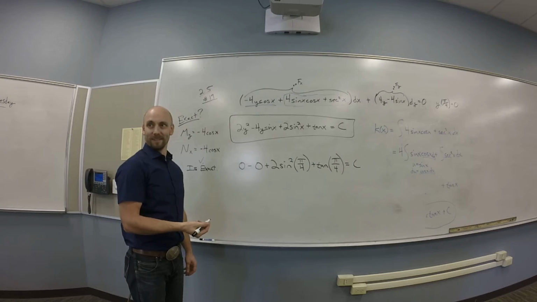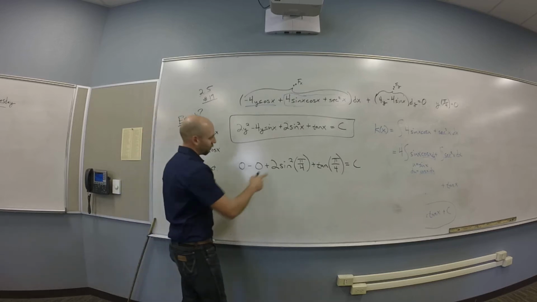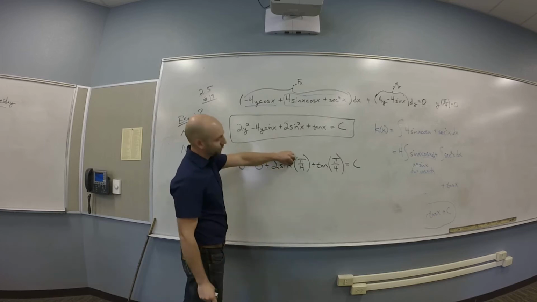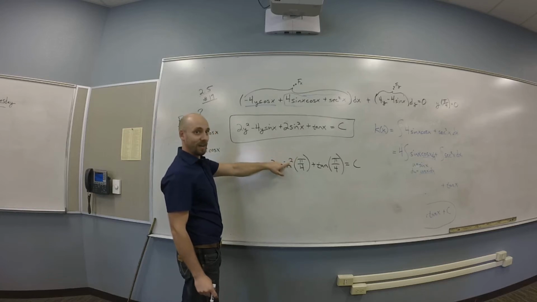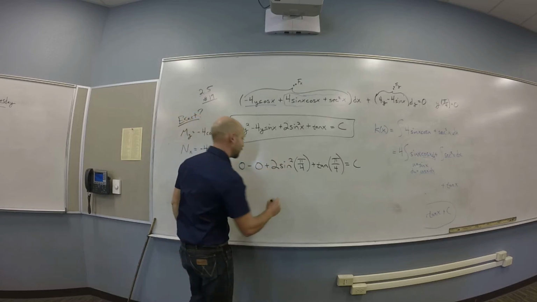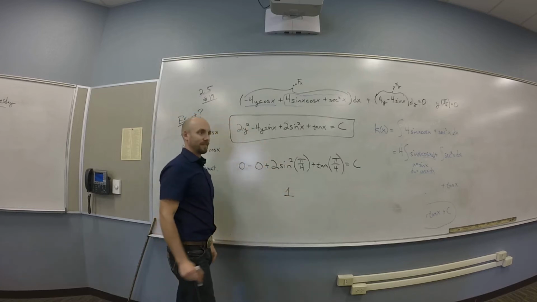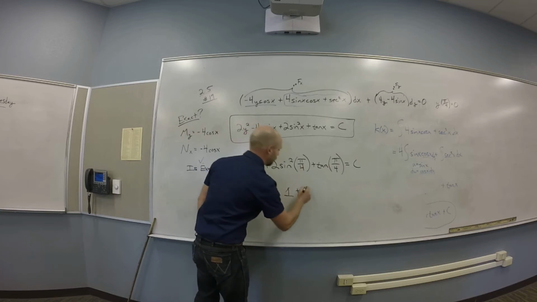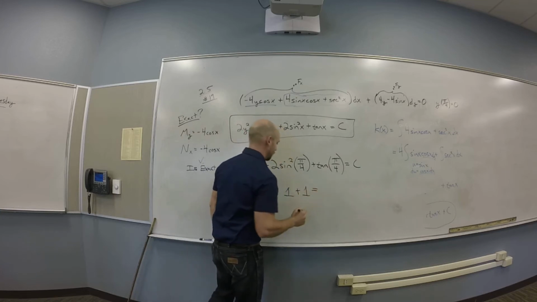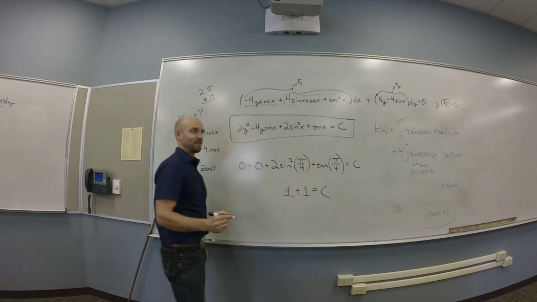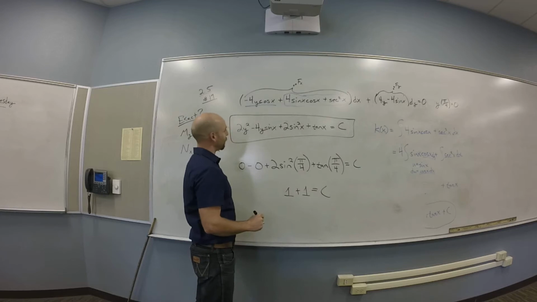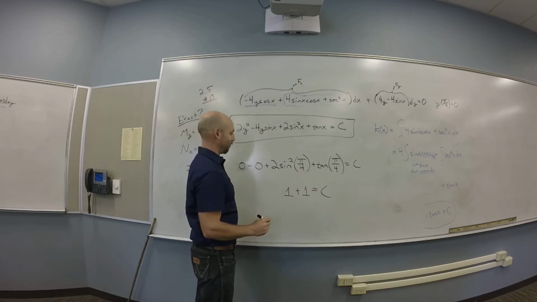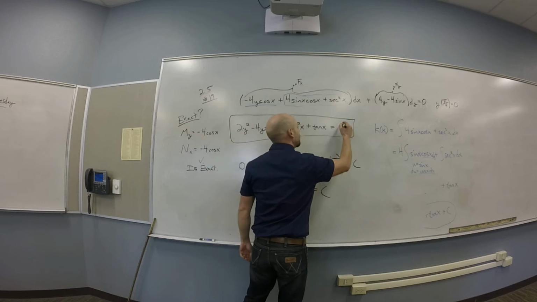What's the sine of pi over 4? 1 over the square root of 2. When you square it, you get 1/2. So times 2, that's 1. Plus the tangent is also 1. And so you get c. Fanciest way to add 1 and 1 together. So c is 2.